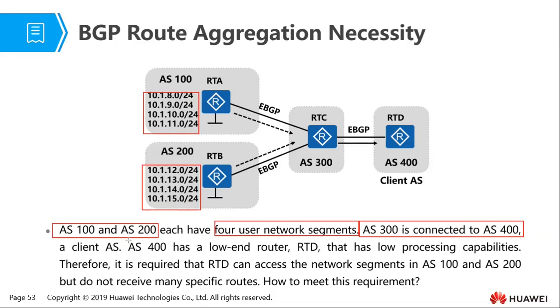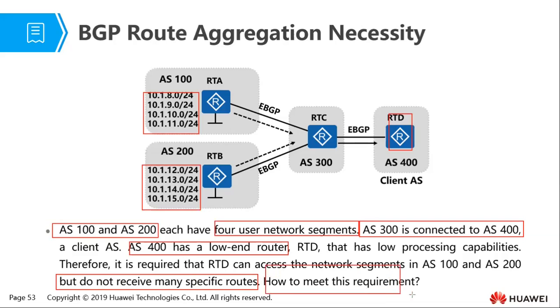Now, this router in AS400, RTD, is a low-end router. So RTD has low processing capabilities. It is required that RTD can access the network segments in AS100. So it can access these networks and these networks, but does not need to receive the specific routes.